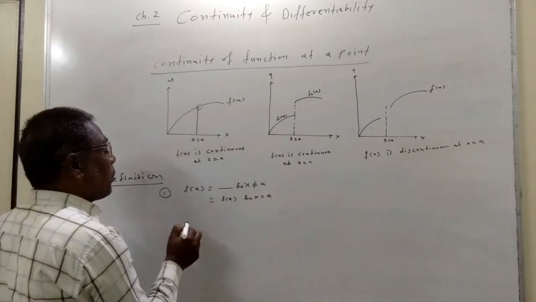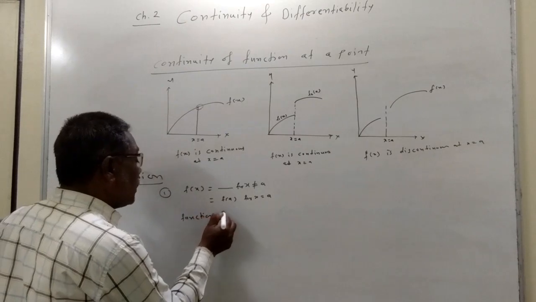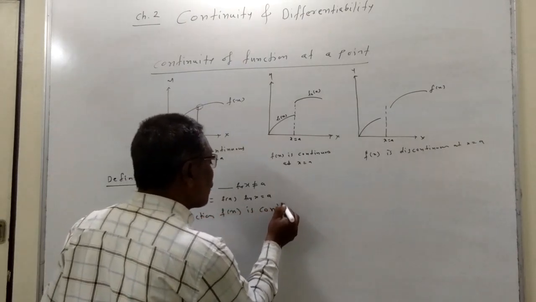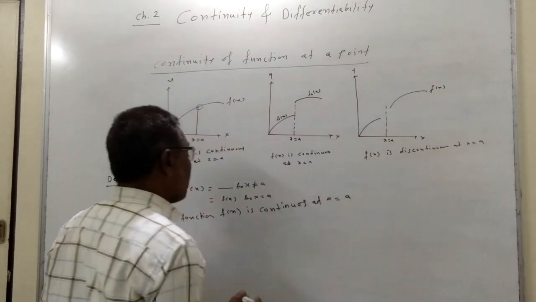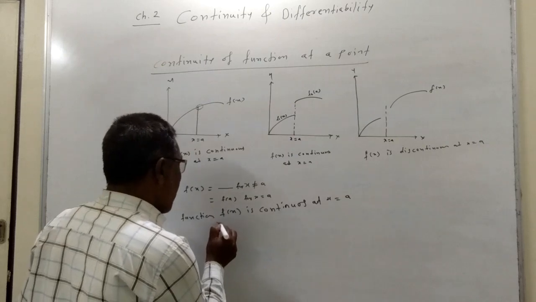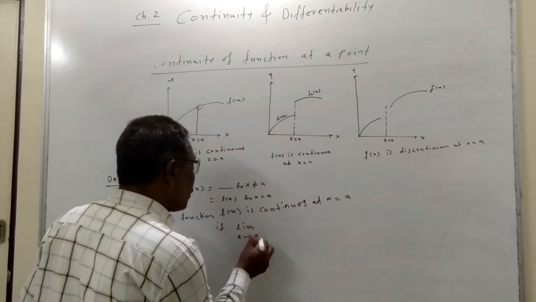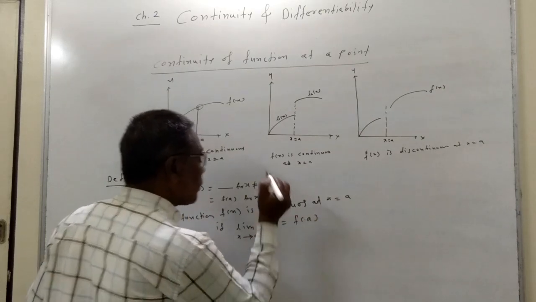If the function is defined like this, the function f of x is continuous at x is equal to a if limit x tends to a f of x equals f of a.